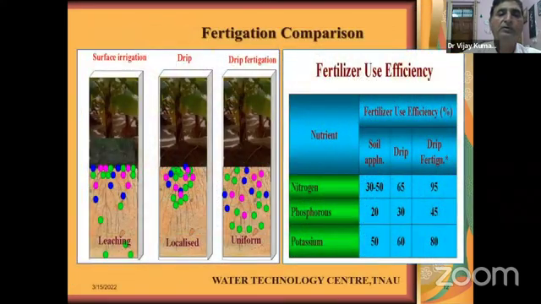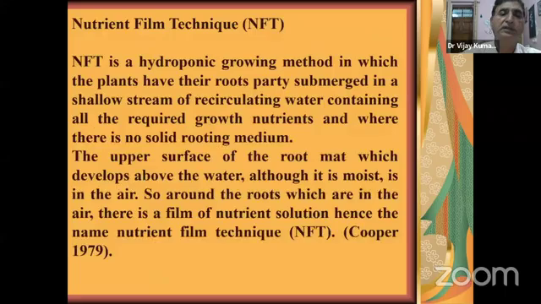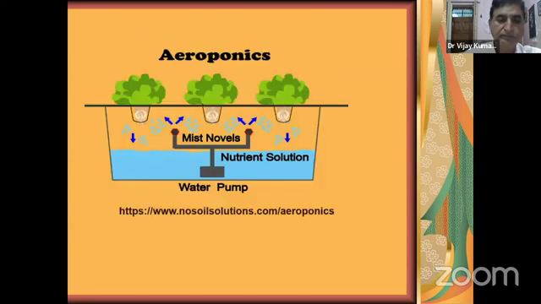Then I told you about hydroponic techniques. That means when we are having vertical gardening or vertical techniques, we use hydroponics. And then there is aeroponic technique where we spray the nutrient solution onto the roots, and then the plant grows in that.